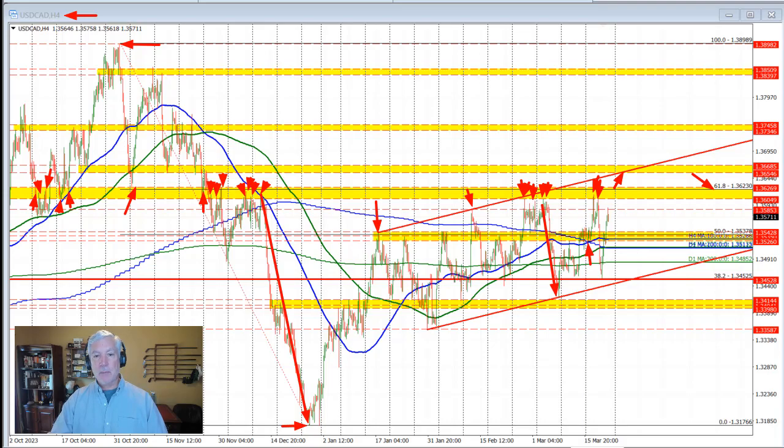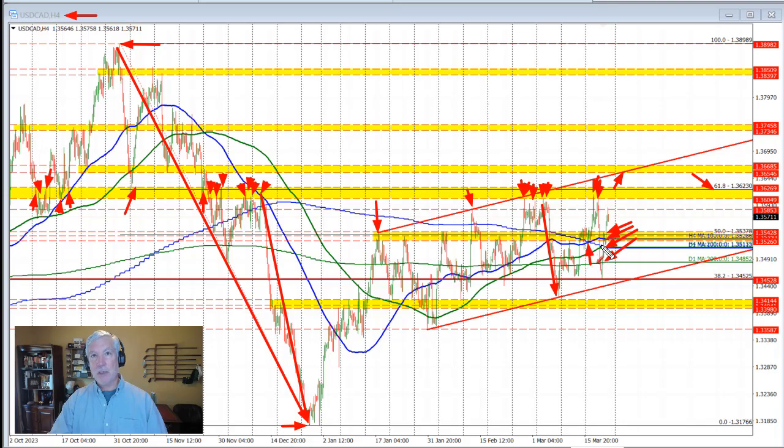What gives it a little bit more bullish bias is that the price did move above this cluster of moving averages in trading this week. The sharp fall to the downside here did find support near the broken 38.2% retracement of this move to the downside. That level came in at 134.52. But then we started to move back above the 200-day moving average, back above the 100-day moving average, and the 200-bar moving average on the 4-hour chart.